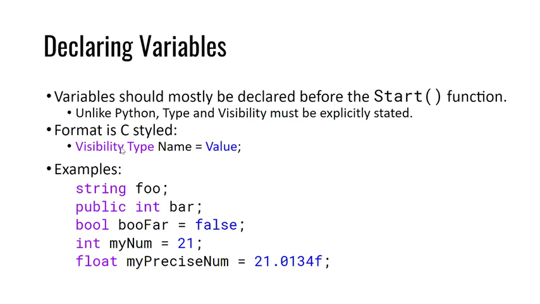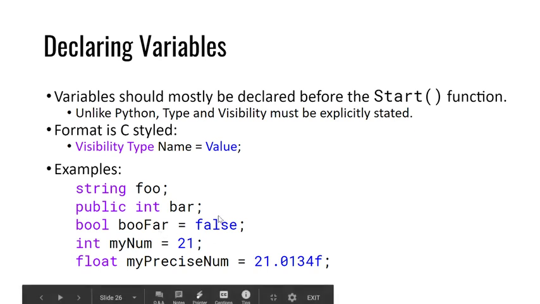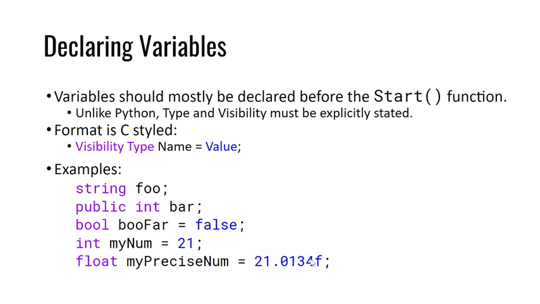There's also visibility, which determines whether it can be accessed in a different class. For now, we'll just cover the type. You'll notice that for float, I put an F at the end, because in C# there's two types of floating point numbers.